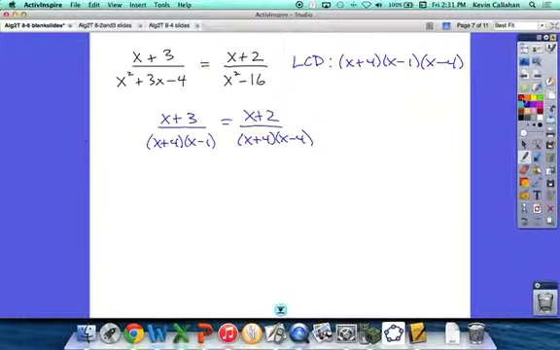And then I multiply both sides by all of that. Right? And then I cancel what I can. I can cancel the plus 4 and the minus 1. I can cancel the plus 4 and the minus 4.